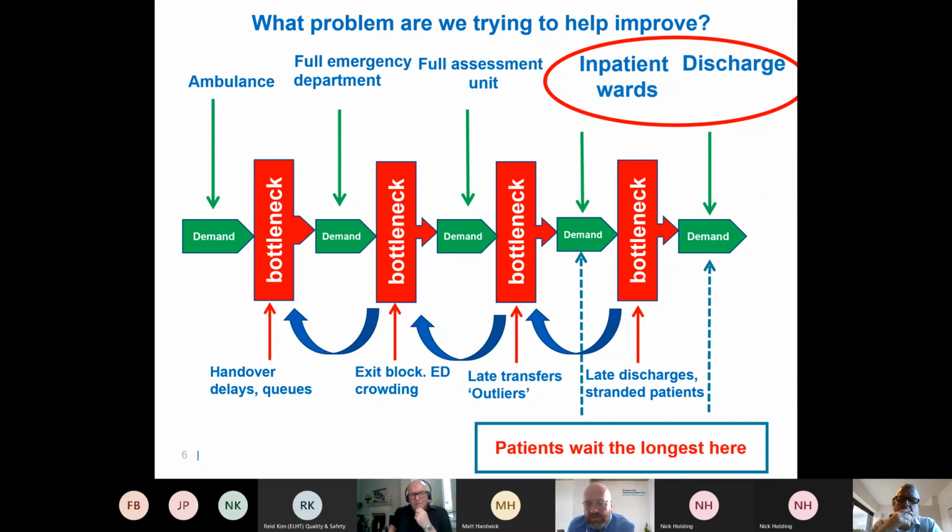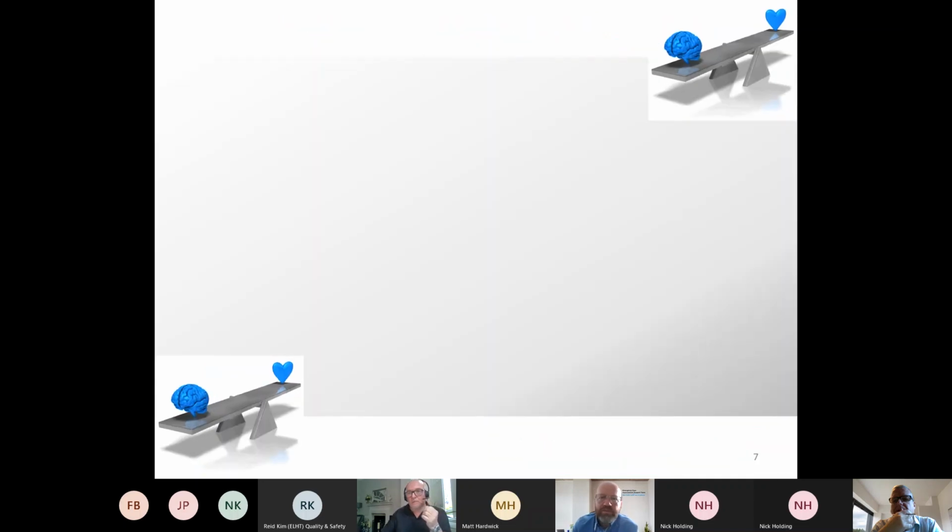But it's at these points that we would argue that it's important to go back to those simple rules. So actually, what we're looking at is where the longest waits are in hospital. This is what the Safer Patient Flow Bundle looks like. And patients tend to wait the longest at the inpatient ward and discharge stage. So this is where the bundle will help you.